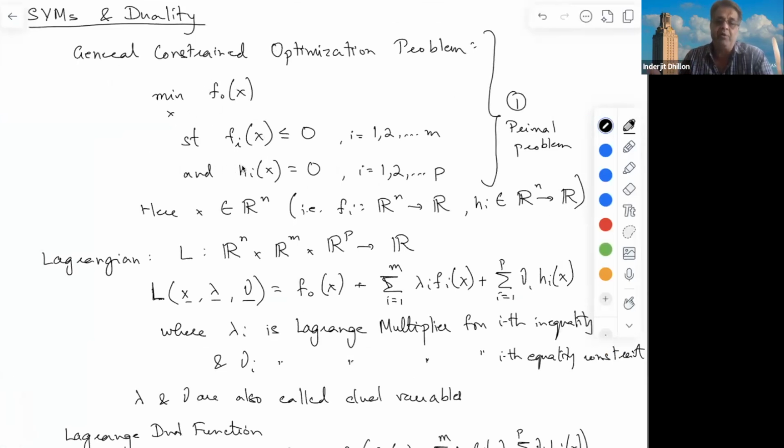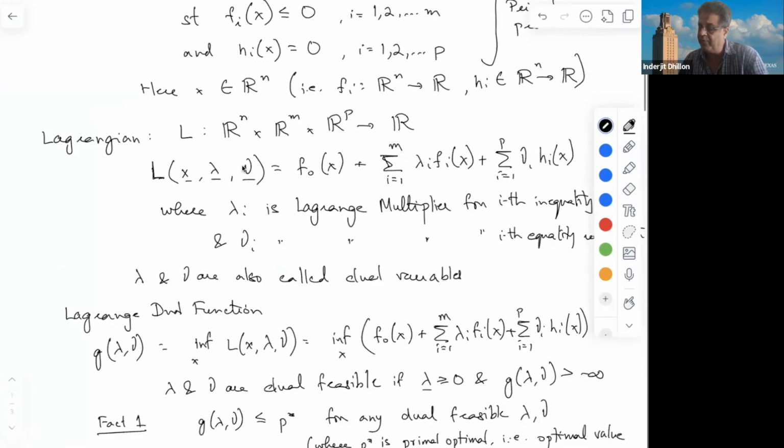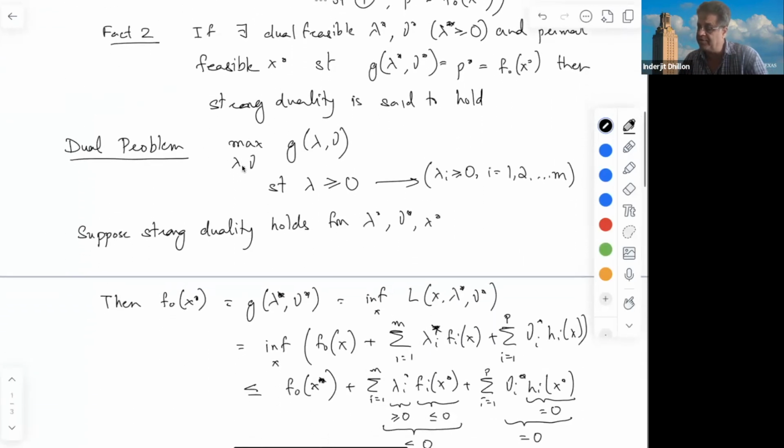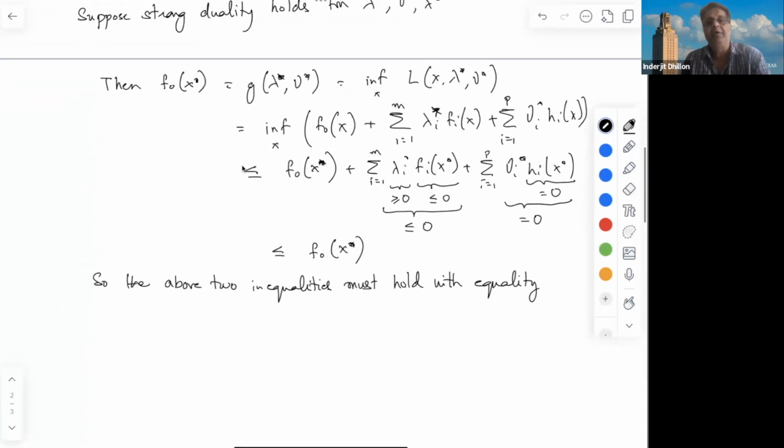From that, we went through the step of looking at the Lagrangian and the Lagrange dual function, and it's basically saying that if I am at dual feasible, then this must be the minimizer.